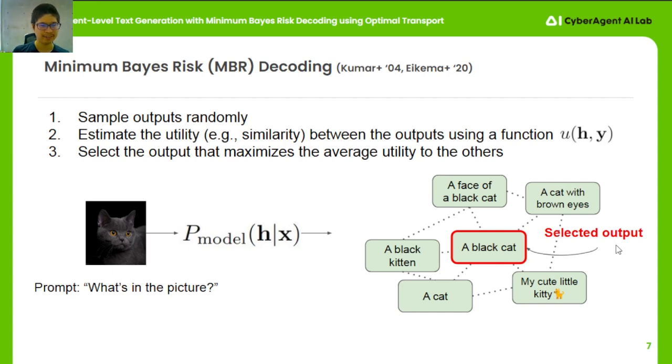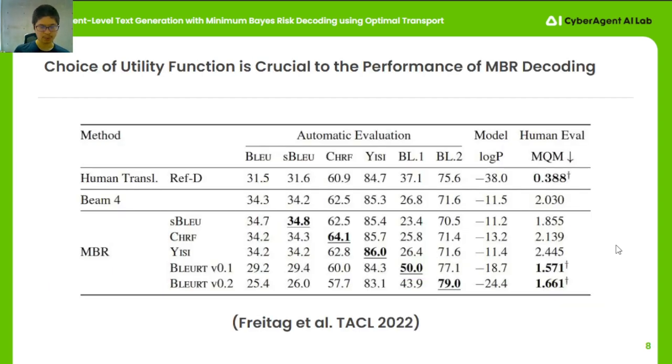So kind of makes sense, right? So what people found is that MBR is awesome. It's better than beam search, and it's good especially when the utility function is a very good one. This is work by Google Translate or Google Research.